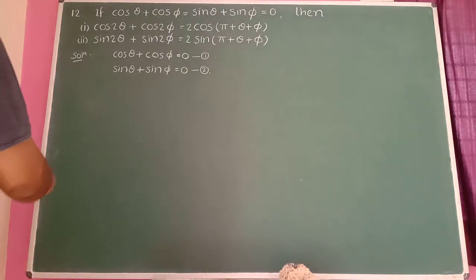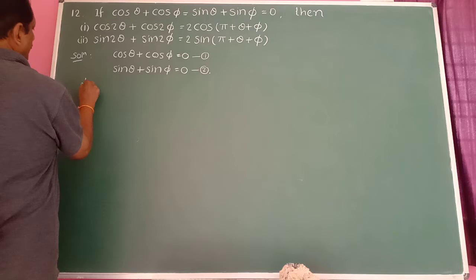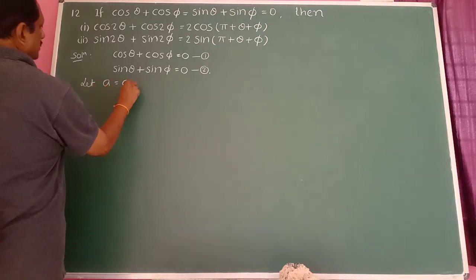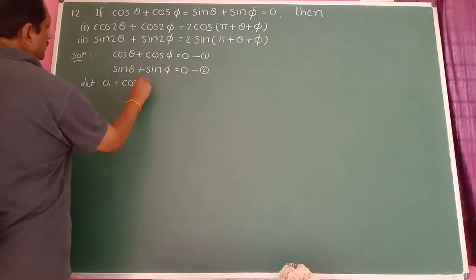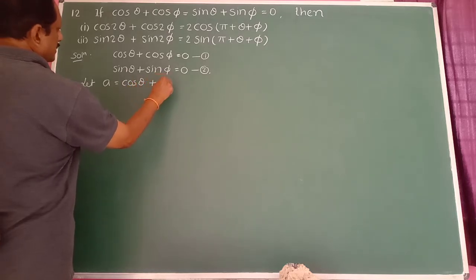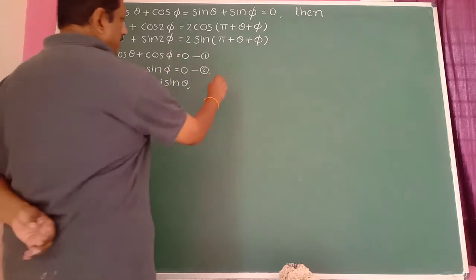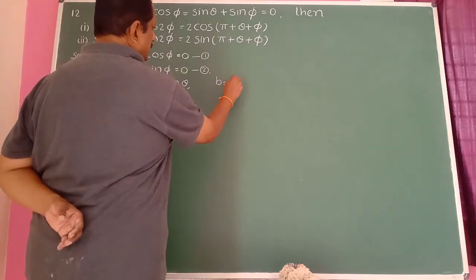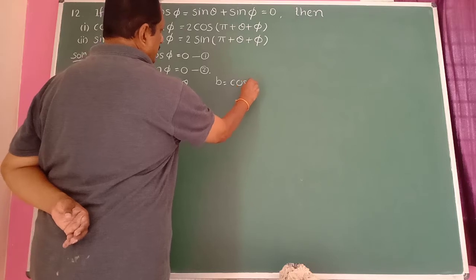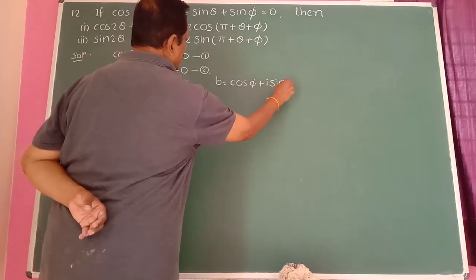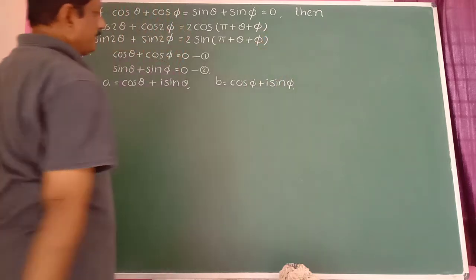So let us consider A is equal to cos theta plus i sin theta, and B is equal to cos phi plus i sin phi.